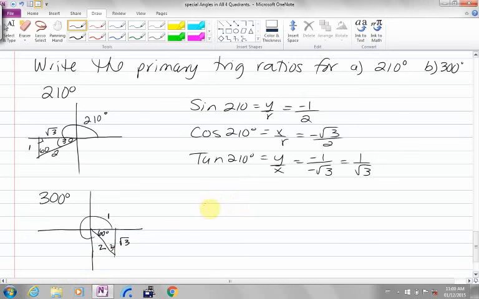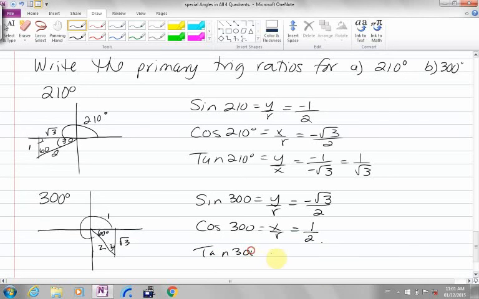So when we do the sine of 300 degrees, y over r, y is negative in quadrant 4, r is always positive. So negative root 3 over 2. Cos 300, x over r, x is positive, r is 2, so 1 over 2. Tan 300, y over x, y is negative root 3, x is positive 1, so tan is negative root 3.